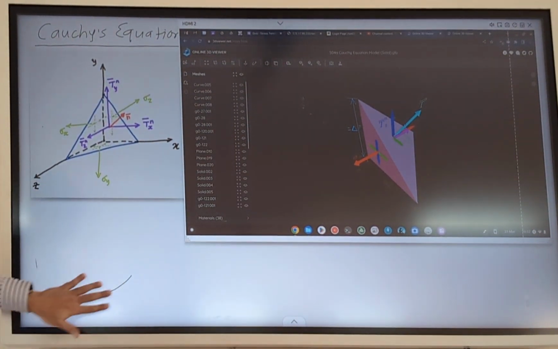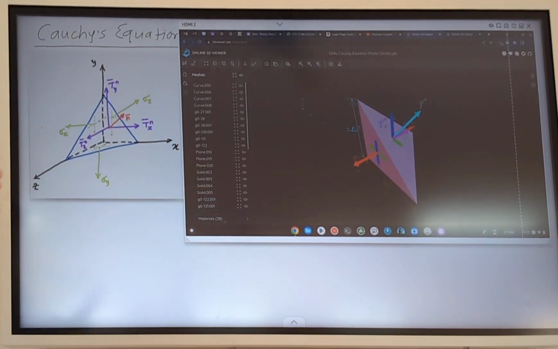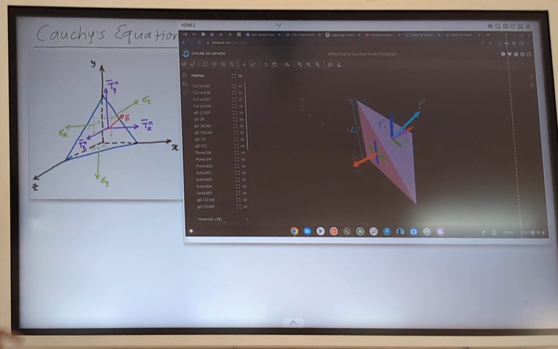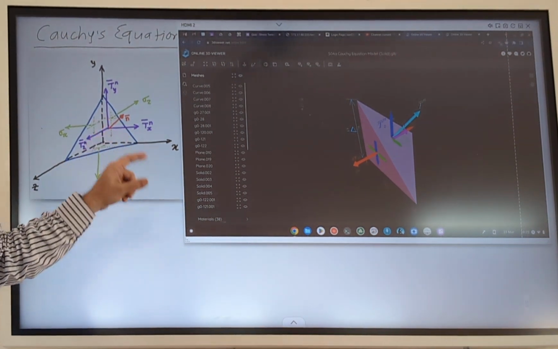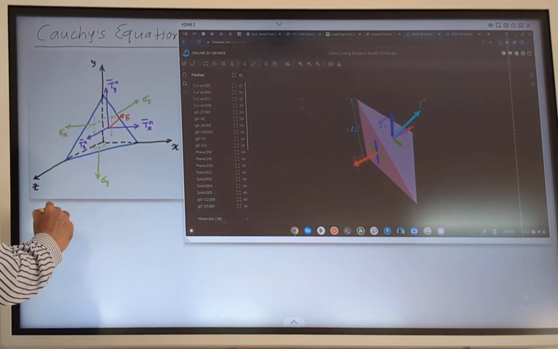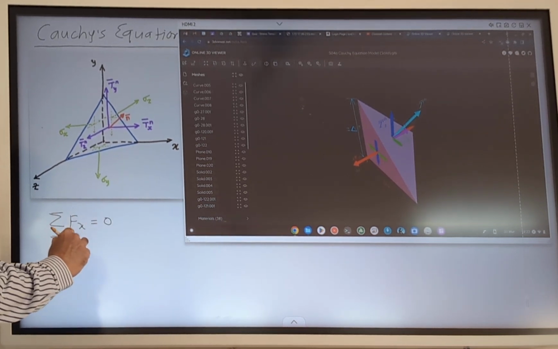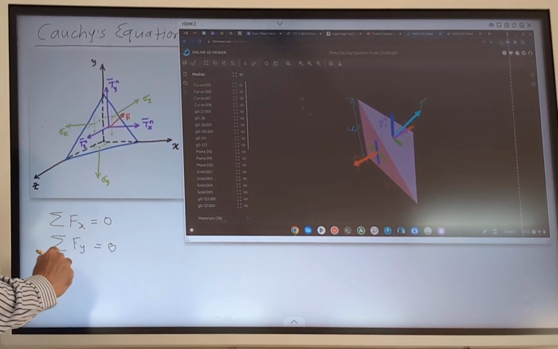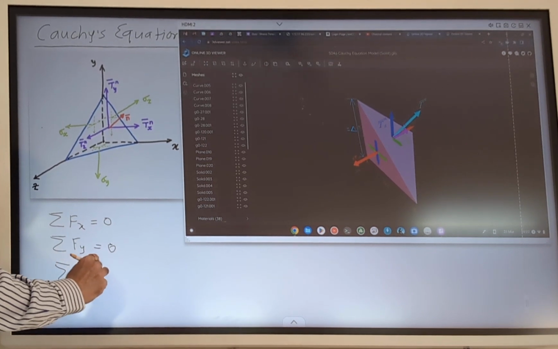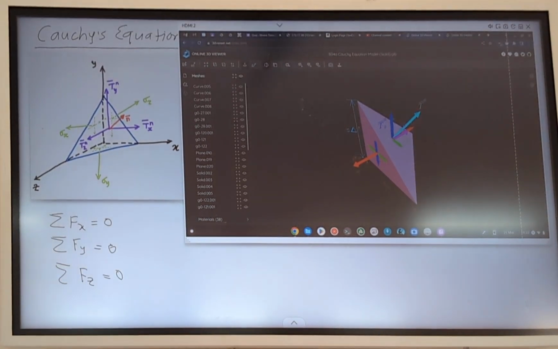Okay, so the procedure for this is based on the simple equilibrium equation. So here we will consider the summation of forces in the x direction equal to 0, summation of forces in the y direction equal to 0, and summation of forces in the z direction equal to 0.